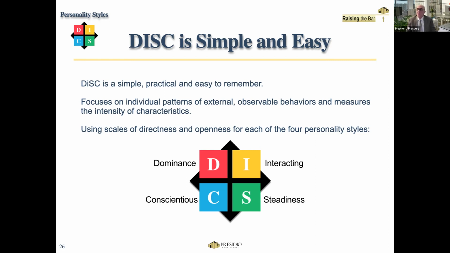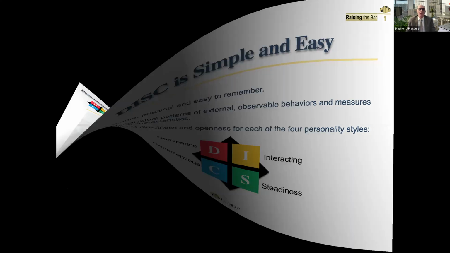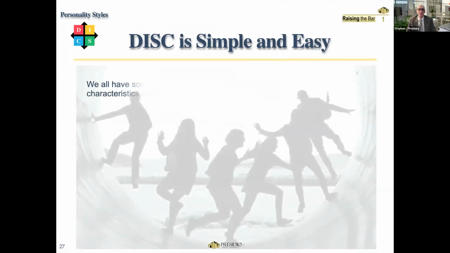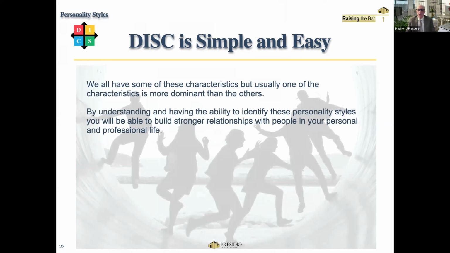So it's really good to take this to figure out what you are personally, because then you can start to figure out how you can use those skills on figuring out what other people are, particularly the people that you're working with.